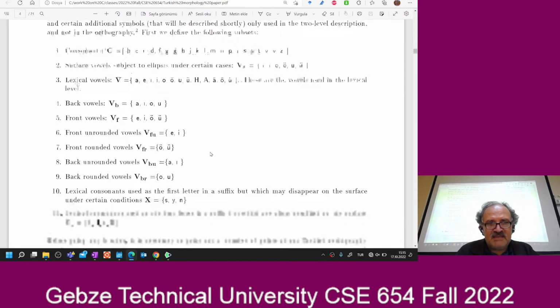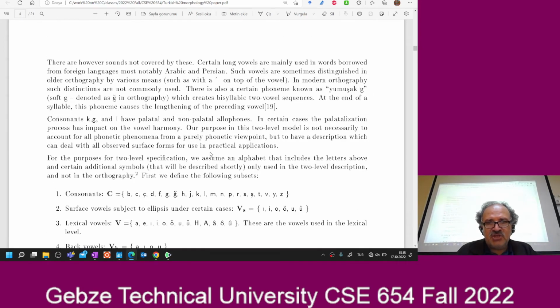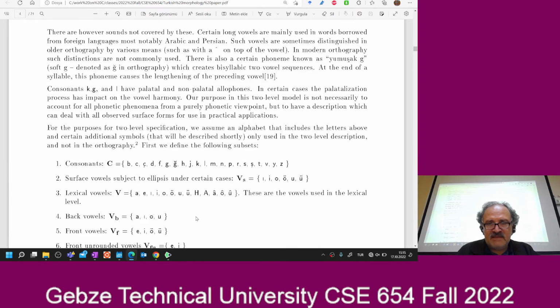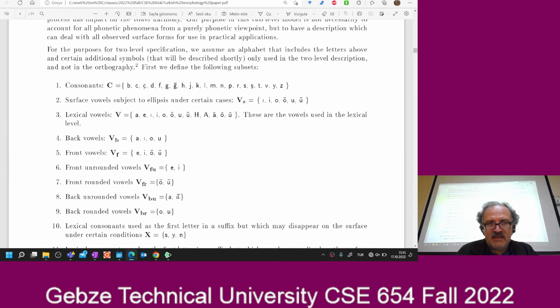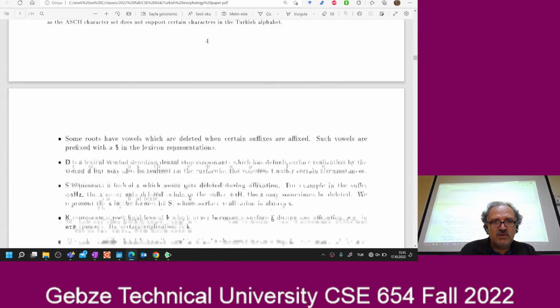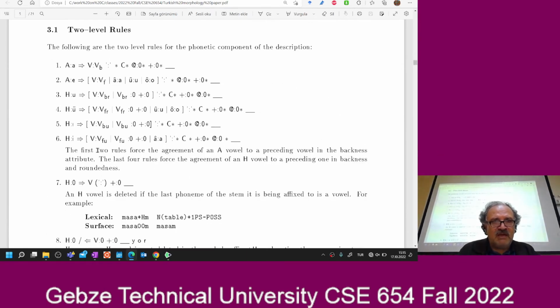H means, I think it is I, both of them. And some of them are really different, and I define those. If I go one level up, these are the H. H is this.